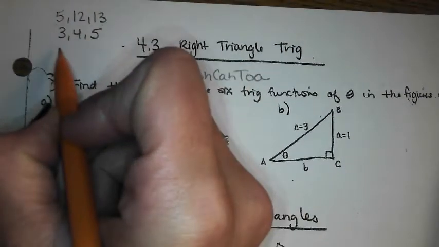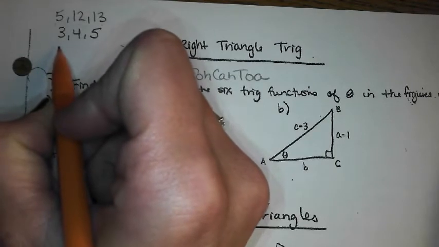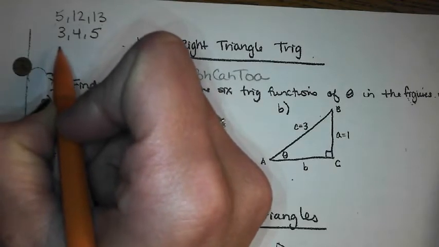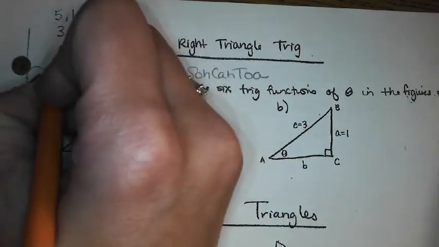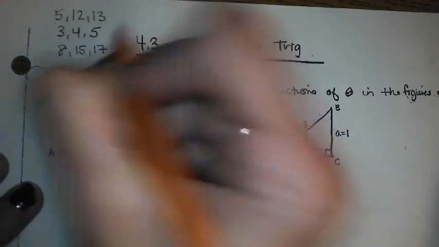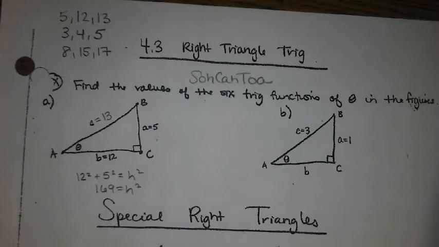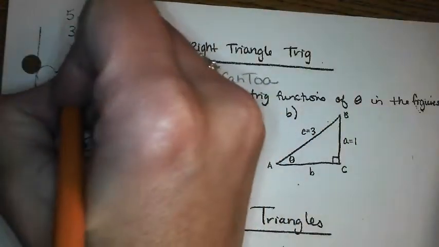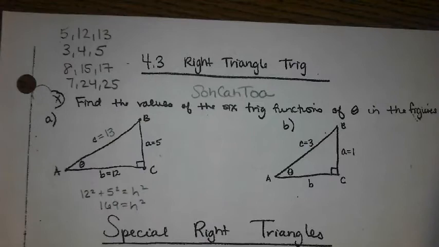There's one more. 8, 15, 17 is one. There is a 24. I can't think if it's 5 squared plus 24 squared. Nope. 7, 24, 25 maybe. Yeah, 7, 24, 25. There's a limitless number of these, but these are the most common ones.